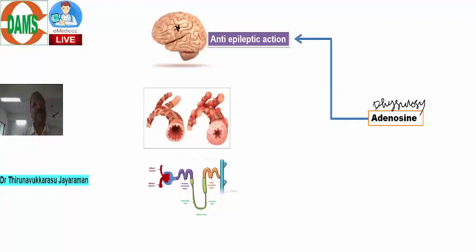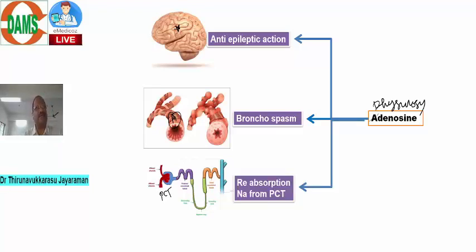So the function of adenosine in the brain is anti-epileptic action. I'm talking physiology. And adenosine receptors are also seen on the bronchus. So when adenosine acts on the adenosine receptor in the bronchus, it causes bronchospasm, bronchoconstriction. And adenosine receptors are also seen on the proximal convoluted tubule. So when adenosine acts on the PCT, it causes sodium water reabsorption.